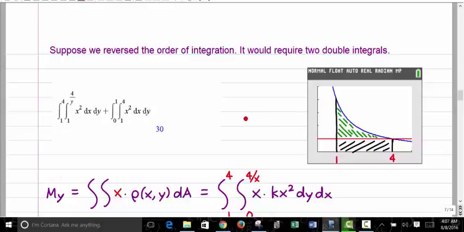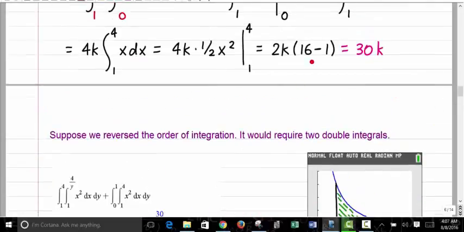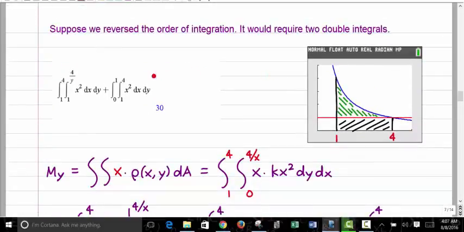I guess I worked that out to show you it was 30. Oh yeah, I put in the x squared. I didn't put the k in there, so it worked out to be 30, which matches our 30k right there. So for the bottom rectangle, that's a rectangle, so everything would be numerical: 1 to 4, 0 to 1. No variables, but we have a variable here.